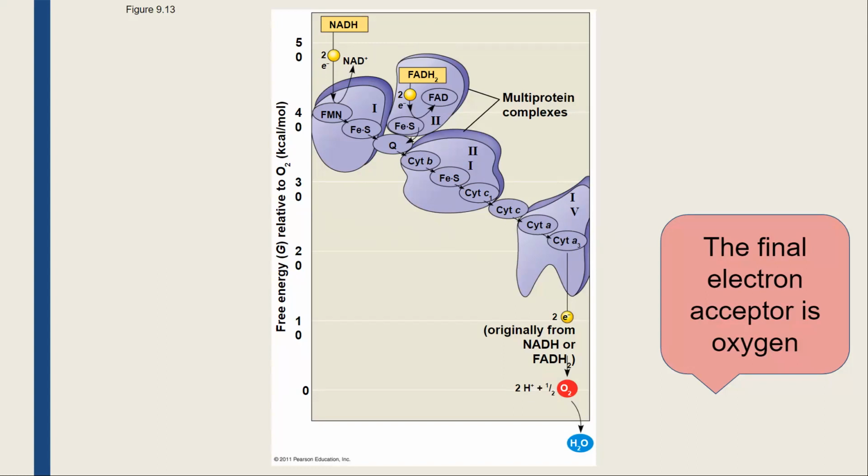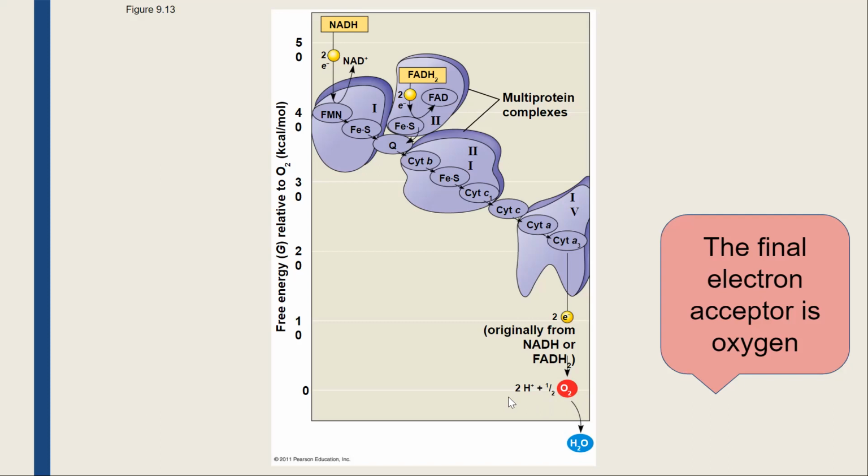At the very end of that electron transport chain, the electrons will end up in the oxygen. The oxygen is going to pick up those electrons and combine with hydrogen ions to form water. So this is where you're making the water, and this is where you're requiring the oxygen.